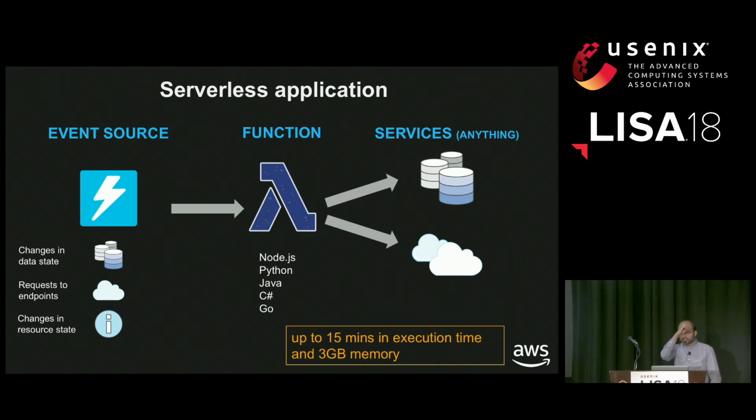We can then define a package of function. AWS Lambda provides a runtime environment for execution in different languages: Node.js, Python, Java, C#, and Go. So you have an event, you have a function that consumes that event, you get metadata on what that event is, and then you respond.